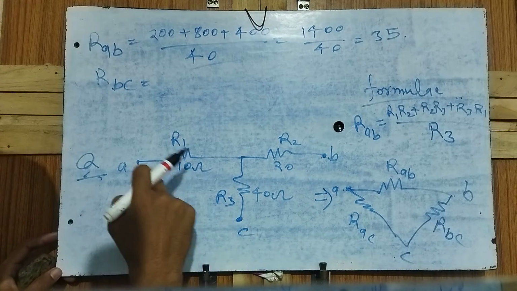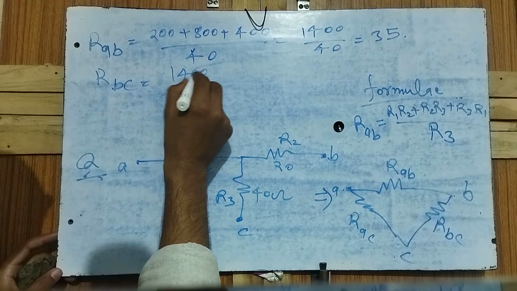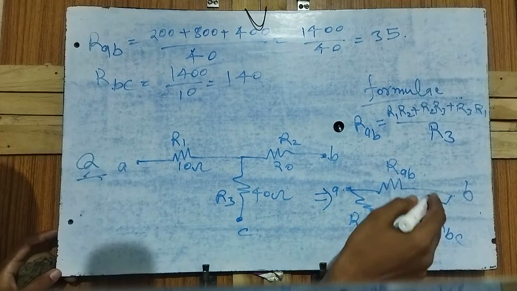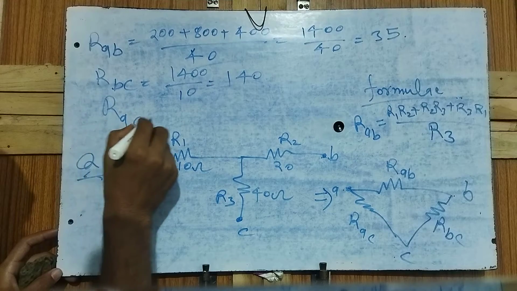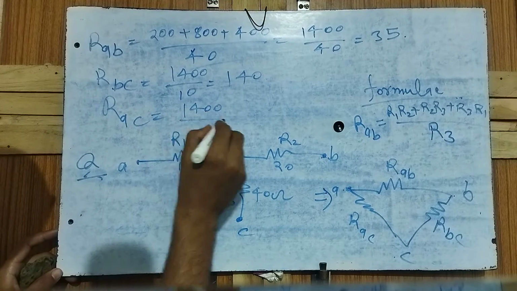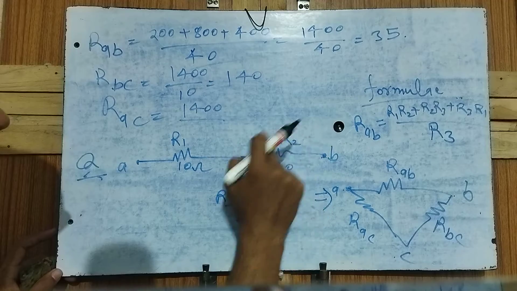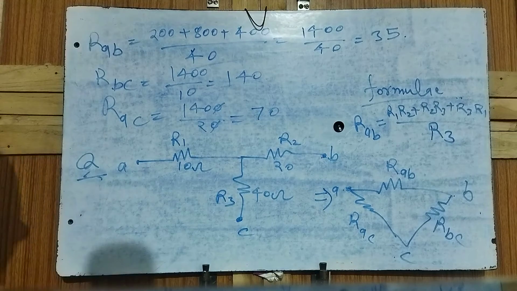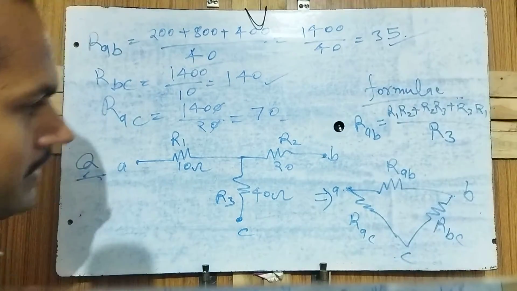RBC is divided by 10: 1400 divided by 10 is 140. And RAC is 1400 divided by R2, 20, so it is 70. So the answer is 70, 140 and 35.